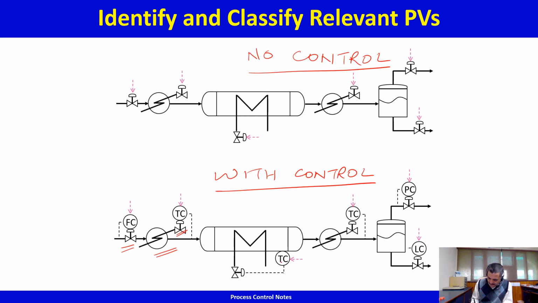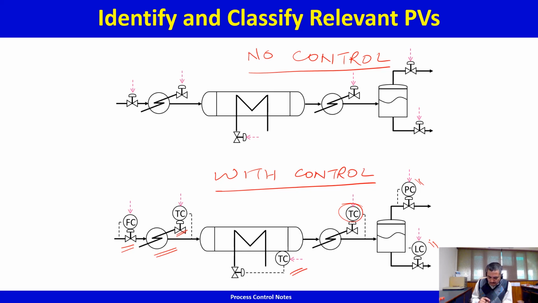Reactor temperature is controlled by adjusting the reactor cooling duty, that's over here. The cooled reactor effluent temperature is controlled by adjusting the cooler duty over here. The vapor leaves the tank under pressure control over here, and the liquid leaves the tank under level control over here. So this is the simple control system that has been implemented on this process.